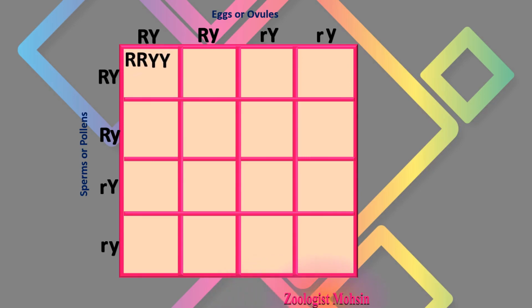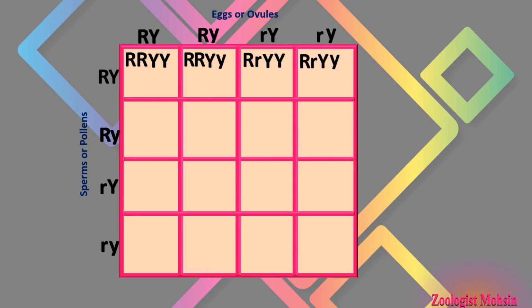If we combine these alleles, we can see capital R and capital Y. Remember here that the similar alleles are paired together, not the different ones. So capital R will be paired with capital R and Y will be paired with Y. In the next box, this combination will take place like this, and in the 4th one like this. Now you can easily draw these combinations.